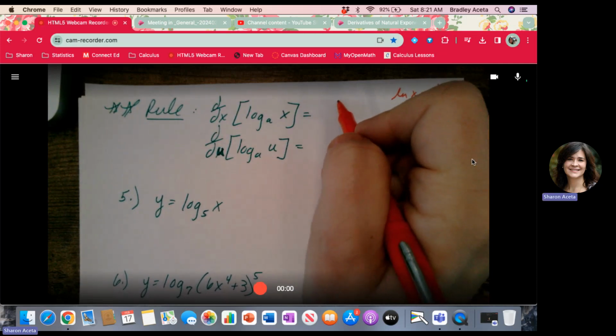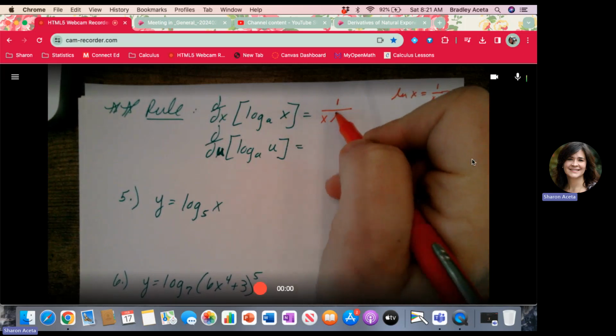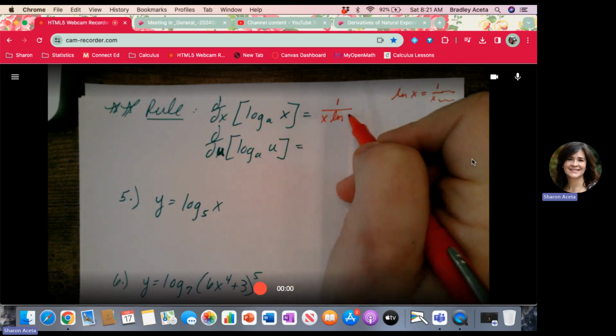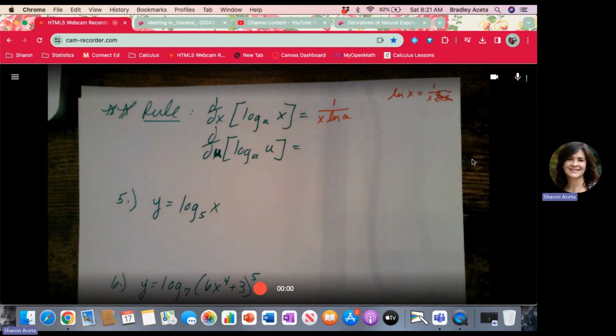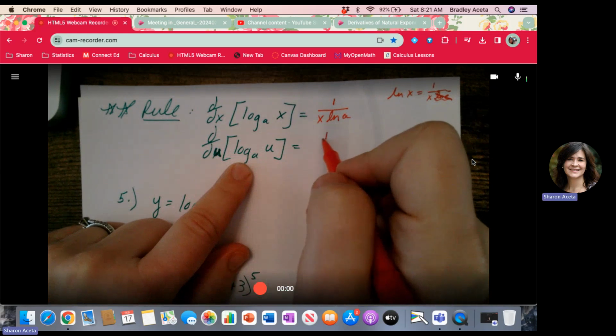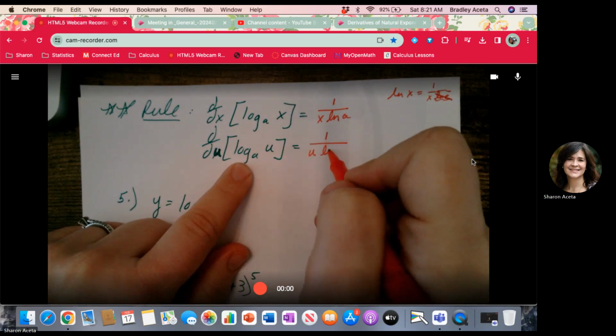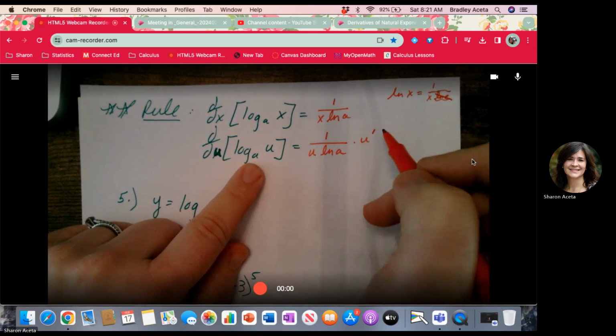So it's going to go like this. It's going to go 1 over x, just like that. And then you're going to attach ln of the base, just like we were doing before. So we could have done ln of e, but that cancels out to 1. So that's why we always would write 1 over x. Now, if it's a u problem, it's 1 over u, ln of the base, times the chain.